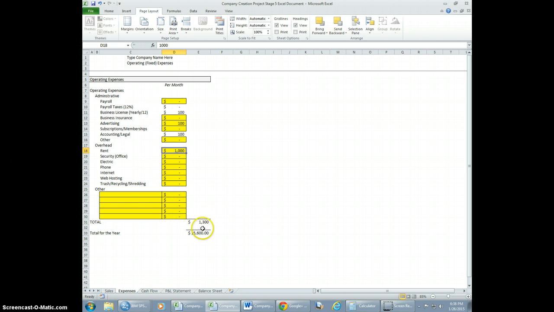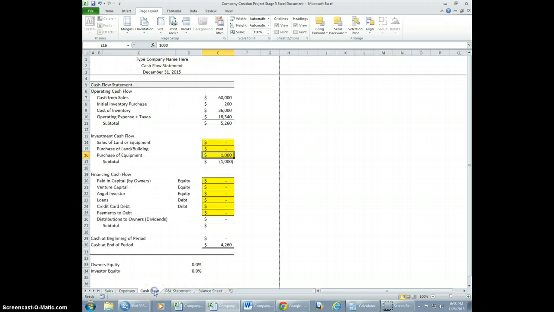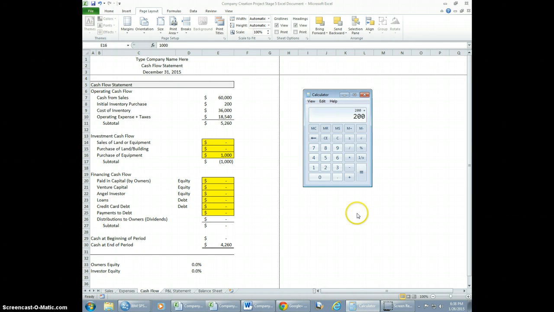So the total right here as it relates to my fictitious company is $1,300 per month. So if you would want to do that for 3 months, you would do 1,300 times 3 for 3 months. That would get you to $3,900. So we do add $3,900 to the 200 right here.